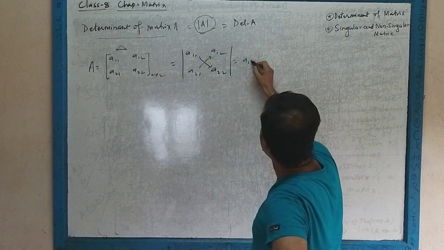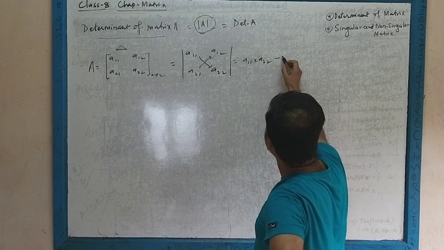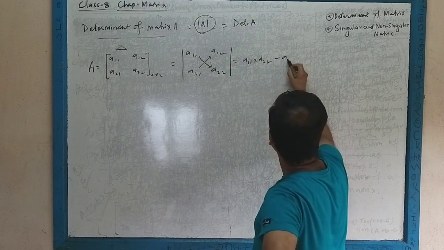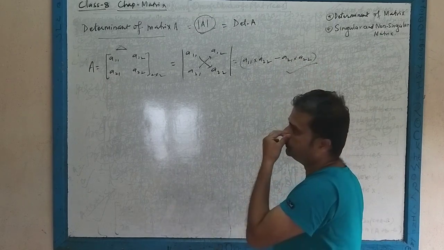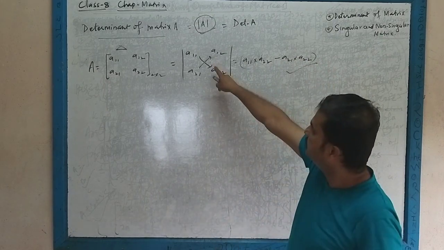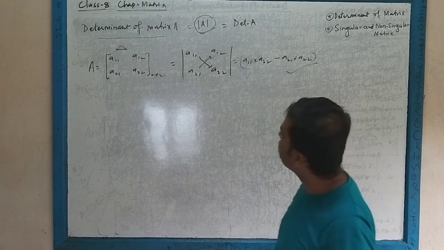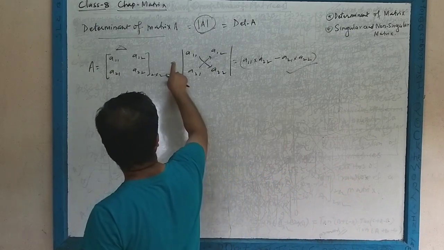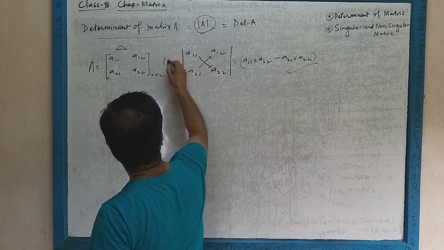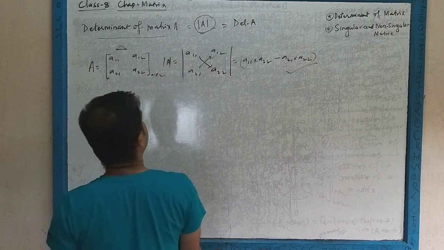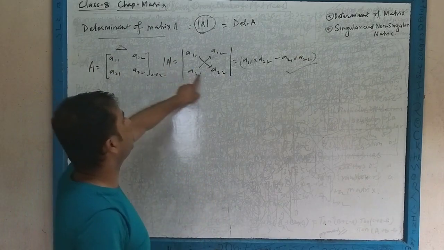So A11 into A22 minus, when it goes up, it will be minus A21 into A12. Yes, this is its value. This is the determinant of matrix A.